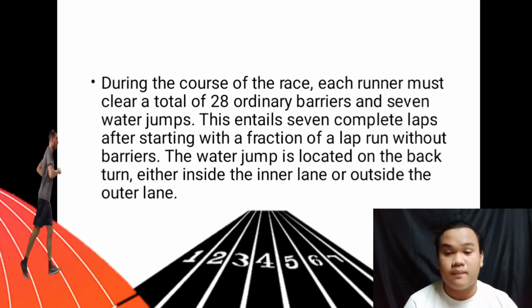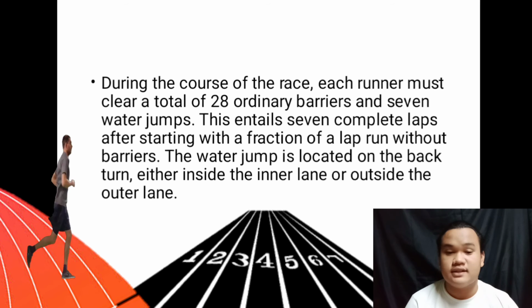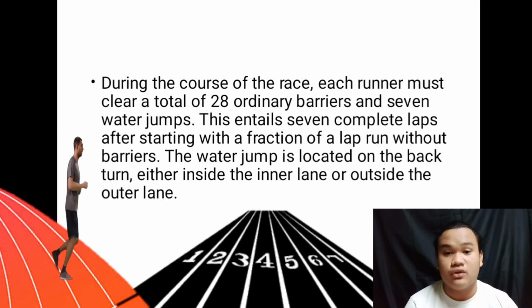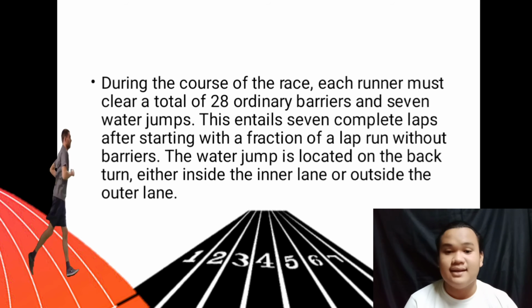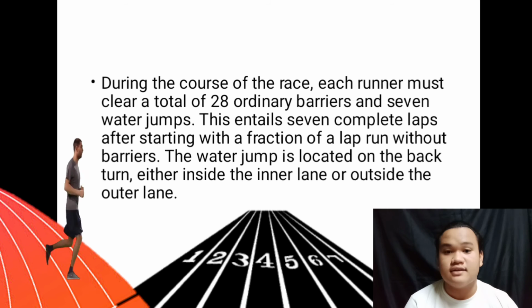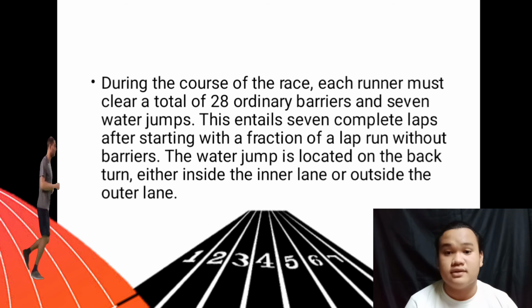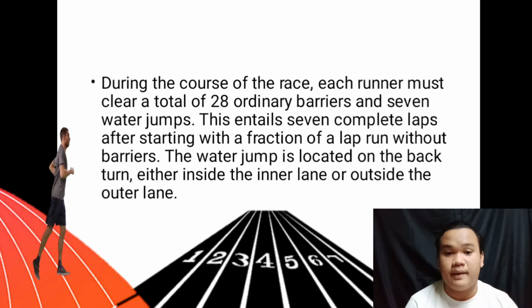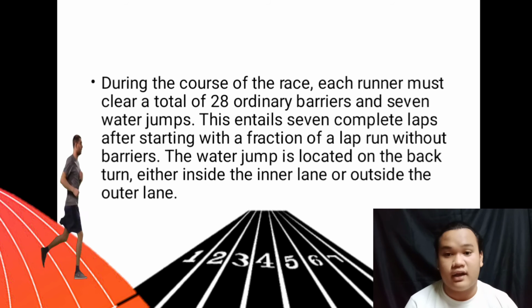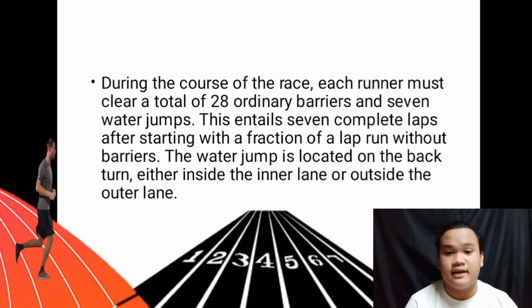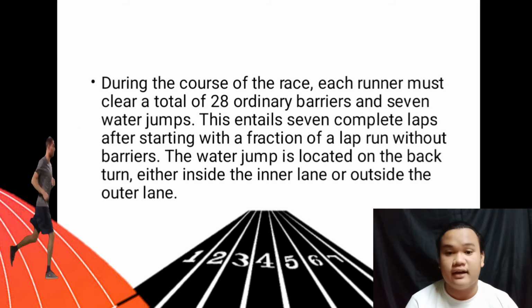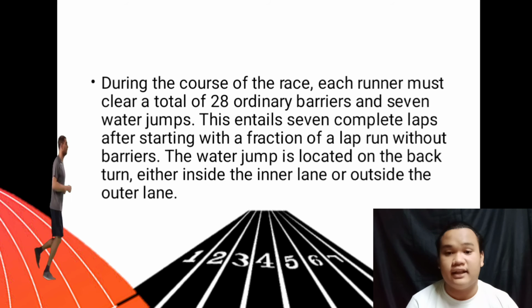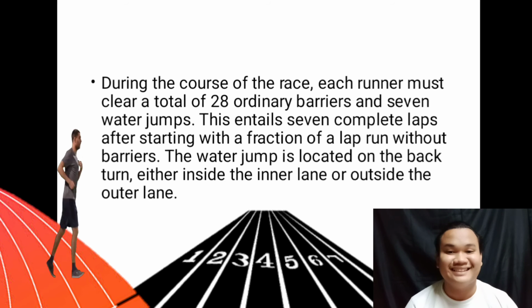During the course of the race, each runner must clear a total of 28 ordinary barriers and 7 water jumps. This entails 7 complete laps after starting with a fraction of a lap run without barriers. The water jump is located on the back turn, either inside the inner lane or outside the outer lane.